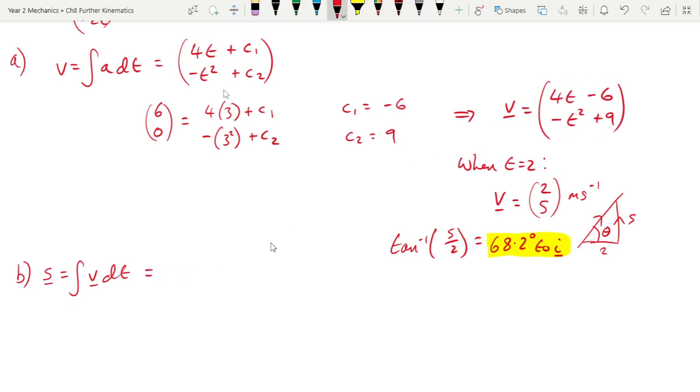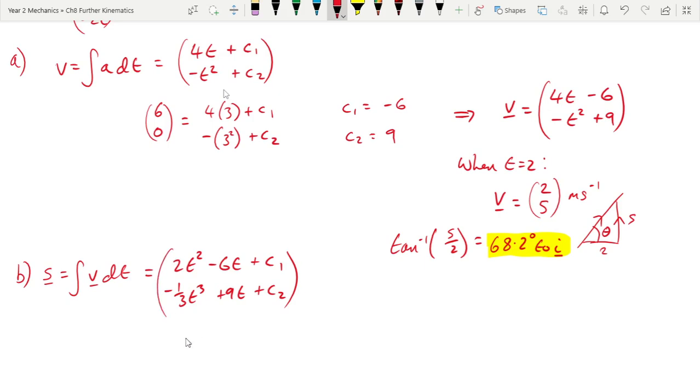So 4t integrated gives me 2t squared. Minus 6 integrated is minus 6t, and then plus a constant. Minus t squared gives me minus a third t cubed, and then plus 9t, and then plus c2. So that's my equation for displacement.